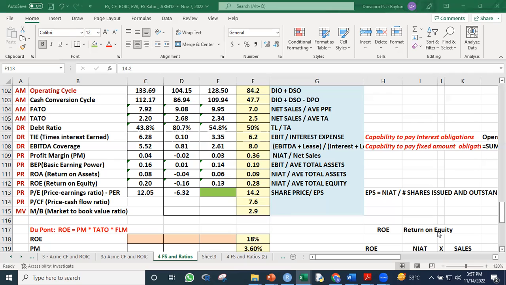Iba yung share price, no? Yung share price yung numerator. Okay? Yung numerator. Pero dinivide pa natin siya ng EPS. So yung PER, it's a ratio of how much the stock is valued for every peso of earnings na iproprovide niya. So the higher, the more expensive.